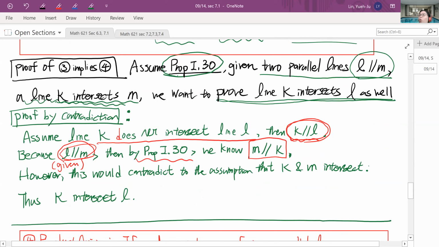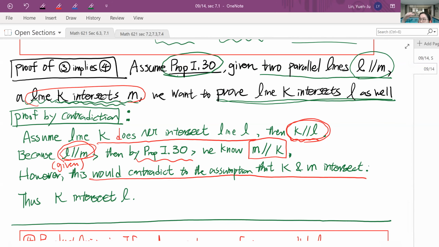That's essentially by what we assume, which is proposition 1.30. But then we already got the contradiction, right? So you can say that this essentially contradicts our assumption, right? Remember, our very assumption here is that we start with K intersecting M. But after you assume the contrary and do all the logical steps, at some point you reach M parallel to K, right?